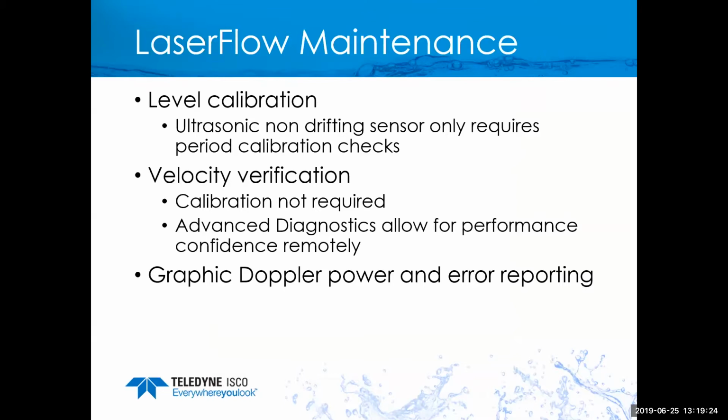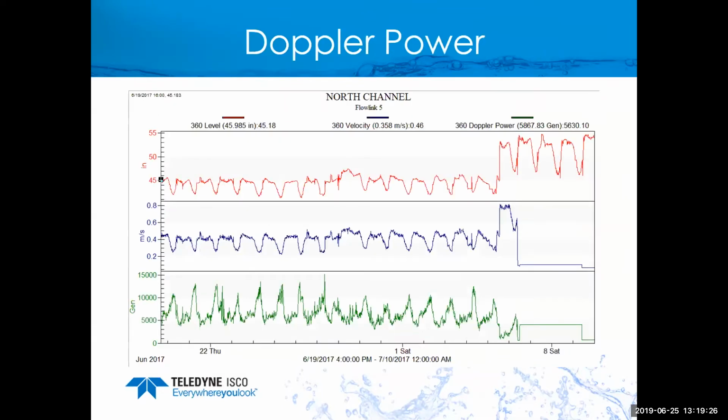I can graph Doppler power, and I can see if we had any errors. You can see in this one, the top one was level, velocity, and flow, then Doppler power. You'll notice the level went up, the velocity went up, and it sure looks like we went underwater. At that point, the Doppler power is telling us we're struggling to get a reading, so you might have to go out and figure out what's going on there. You can alarm off of all of this, by the way, with the cell modem.